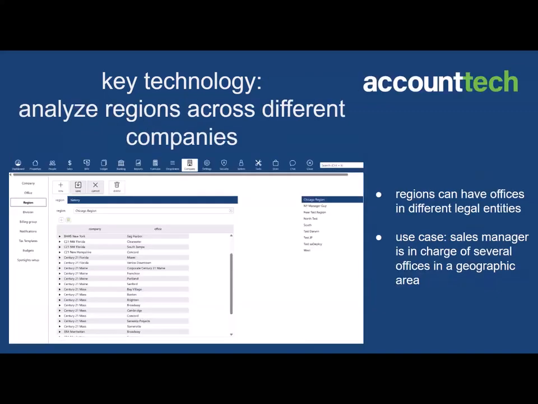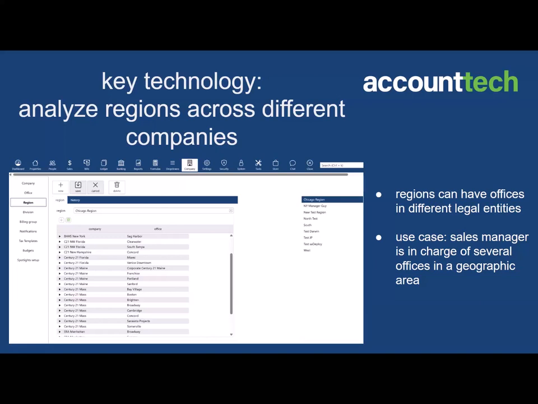Okay, let's keep going. So the next thing I want to talk about is regions. So as your company gets big, you probably want to run reports on a geographic region. And the thing I want to point out here is you can have regions as a way to think about reporting, right?